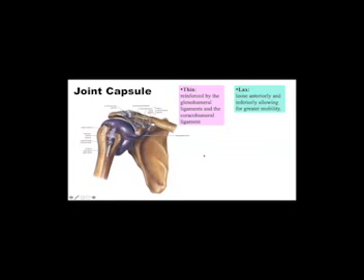It's a little bit lax or loose anteriorly and inferiorly, so that when you move your shoulder, for example, when you bring your arm up to shampoo or scratch the back of your head, it's not too tight to do that. And then the joint capsule will allow that particular movement.